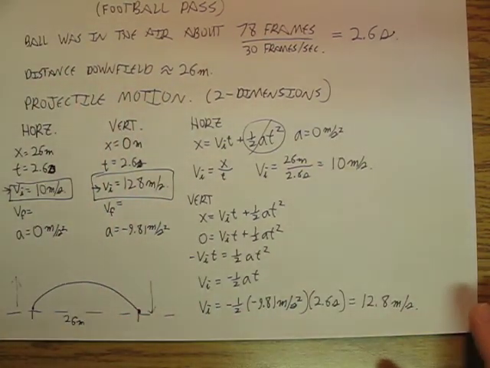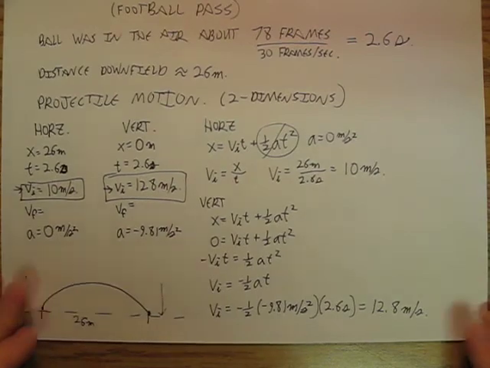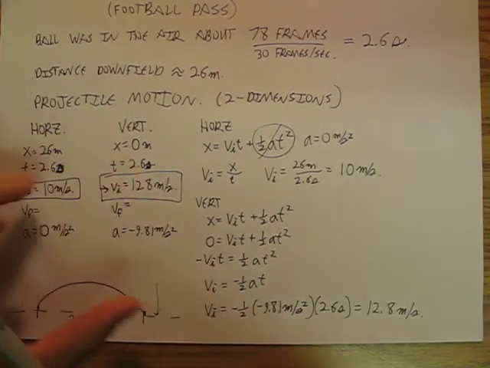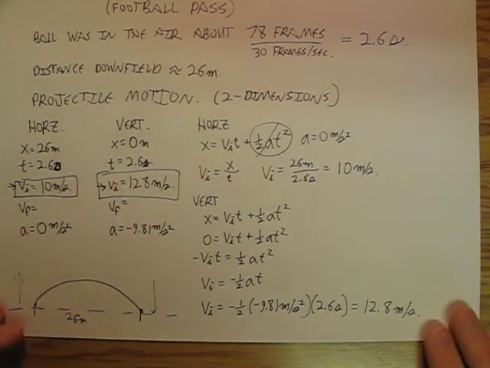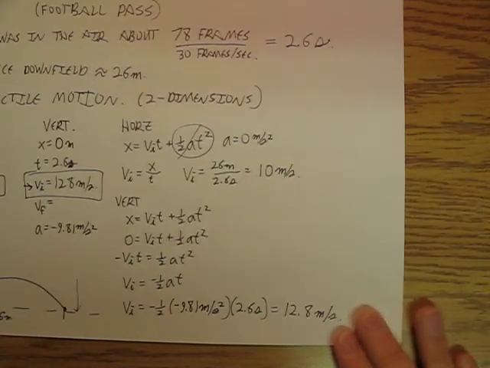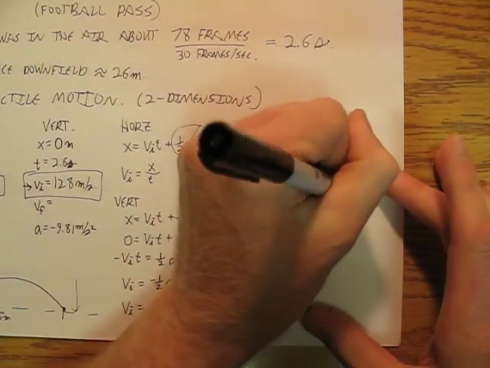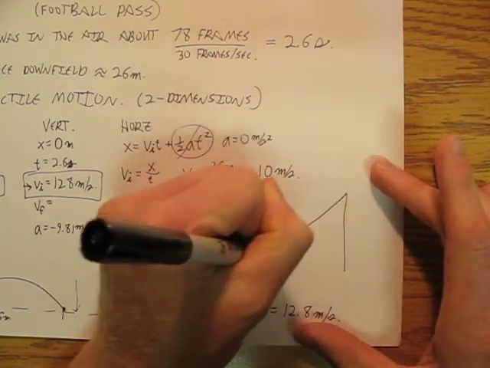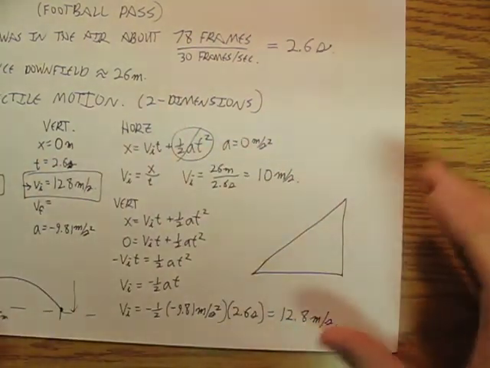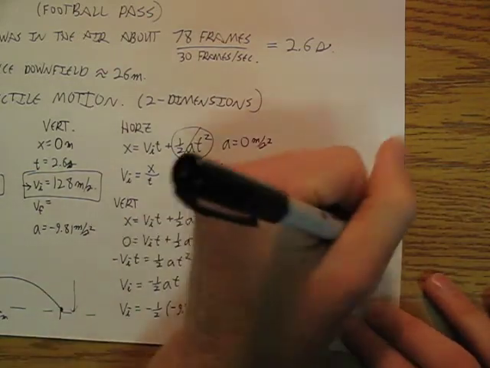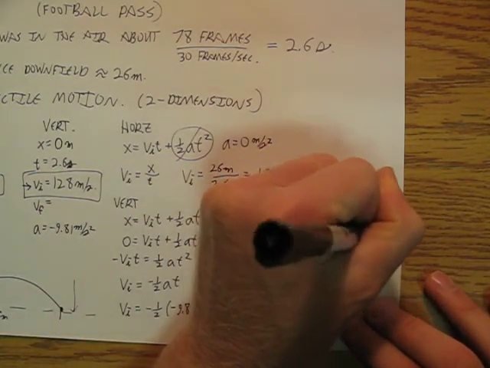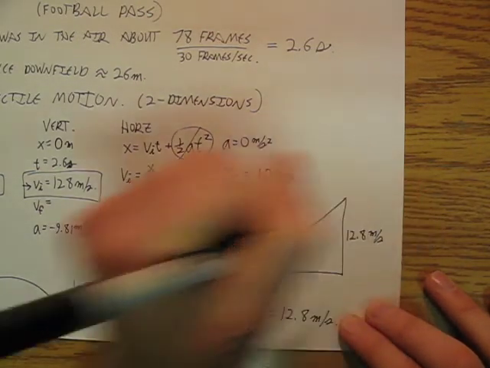Now, the last thing that I'm going to do in the next 90 seconds here is I'm going to put those into a triangle, and it's going to get a little bit busy over here, but we're going to make a triangle right here. And the vertical leg of my triangle is 12.8 meters per second.